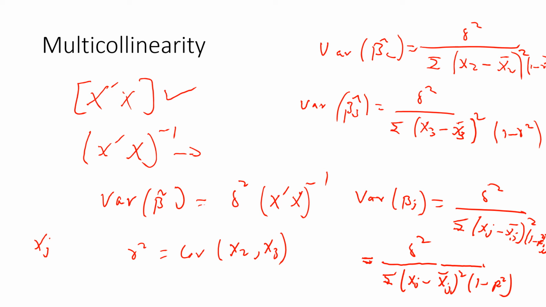And we know that r square is the measure of goodness of fit that we usually calculate while estimating our coefficients. So Rj is the coefficient of determination from the auxiliary regression of xj on all other explanatory variables in the original equation.